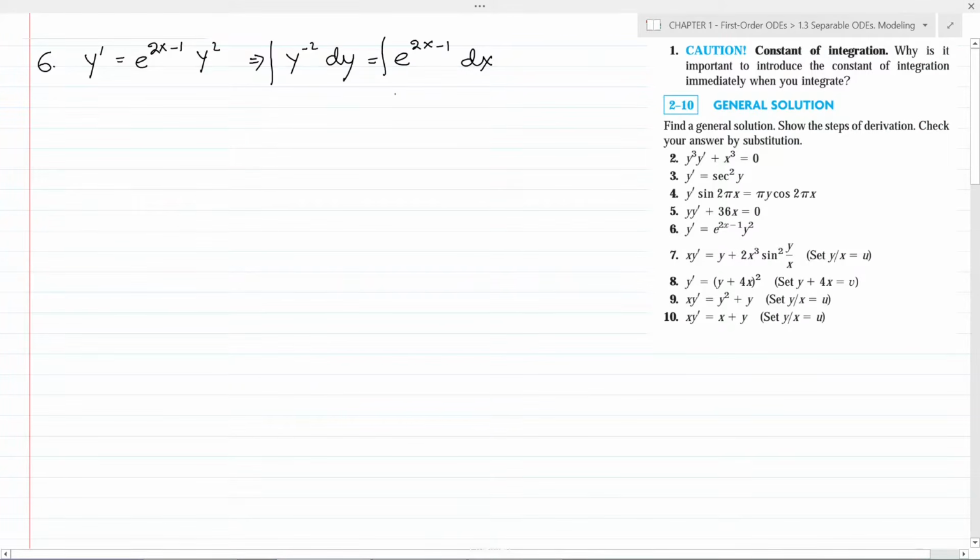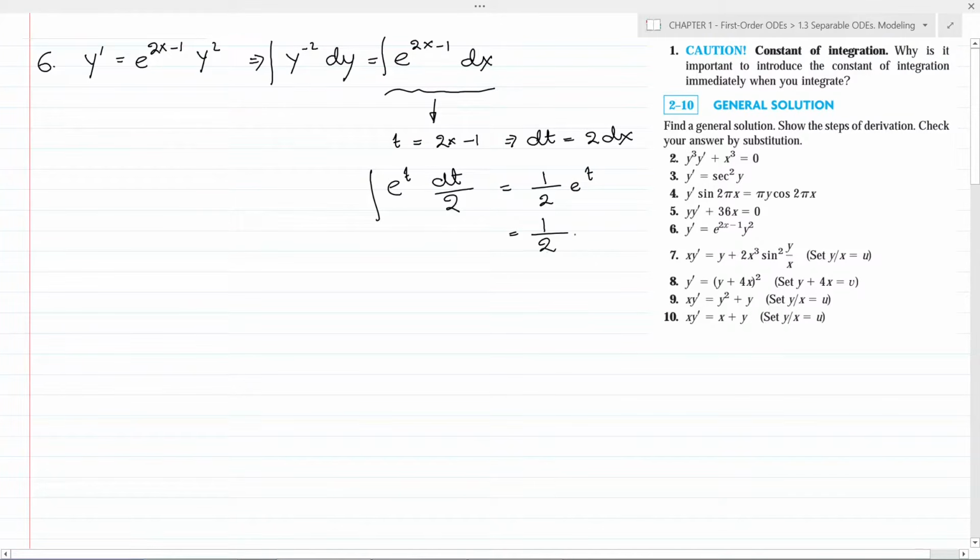We integrate both sides. For integrating this right side expression, we take t equal to 2x minus 1, which implies dt equal to 2 dx. Now the right hand side expression becomes e to the power t dt divided by 2 integration, which is equal to half e to the power t or half e to the power 2x minus 1.